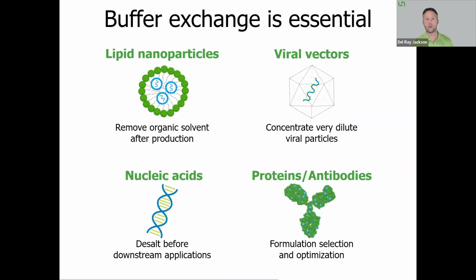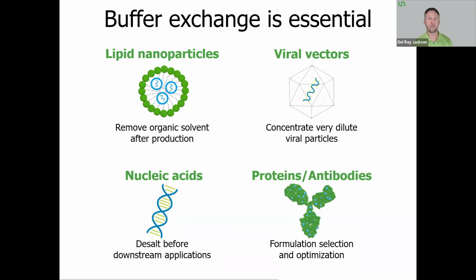If you're working with a viral vector like an AAV, often what I hear is that you're able to manufacture these in large volumes, but they're often very dilute. So you want to, not only buffer exchange, but also concentrate these molecules. For nucleic acids, you're doing buffer exchange typically to get them ready for some downstream analysis that has to happen.